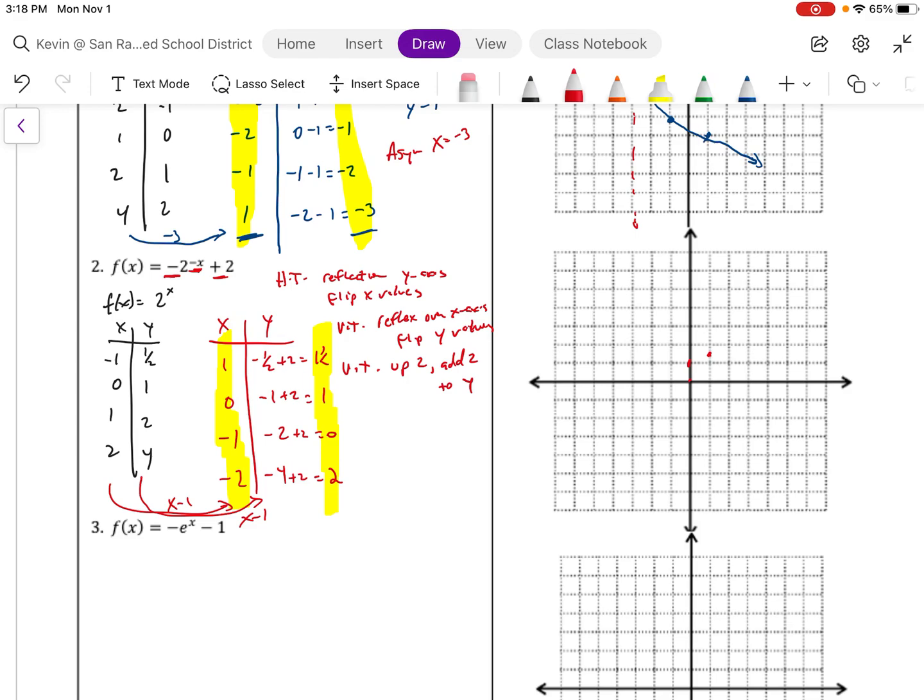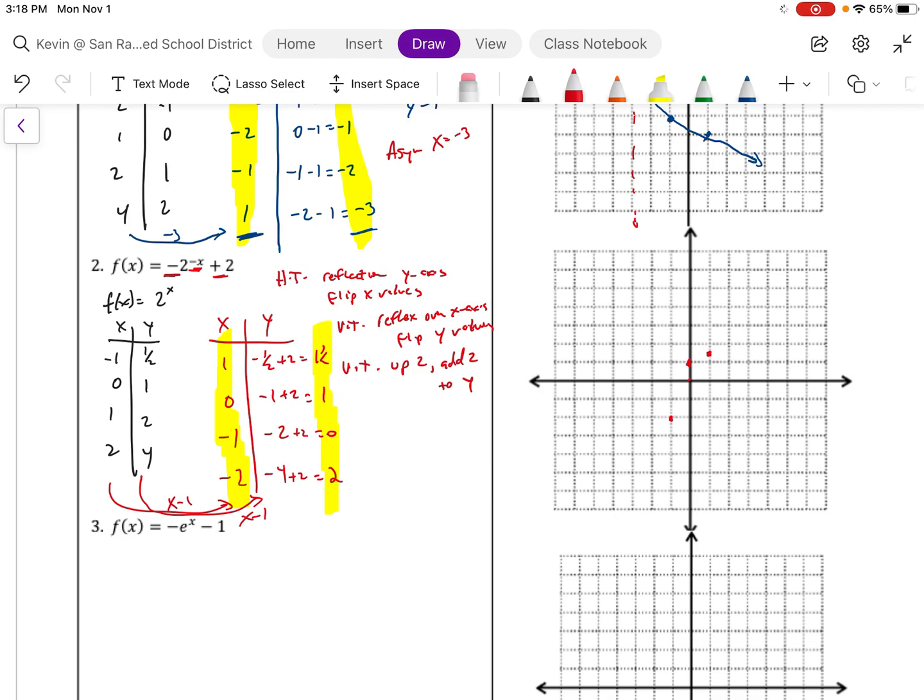When x is -1, it's -2, so down here. And then at -2, it's at 2. Oh, whoops, I was missing my marks here. 1 was at 1.5. 0 was at 1. -1 was at 0. Okay.